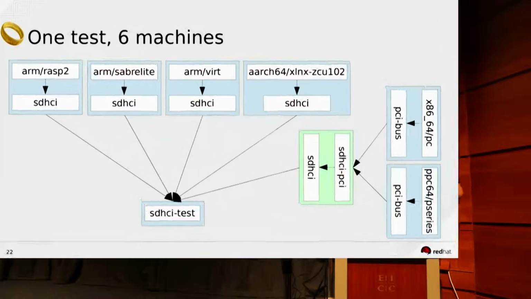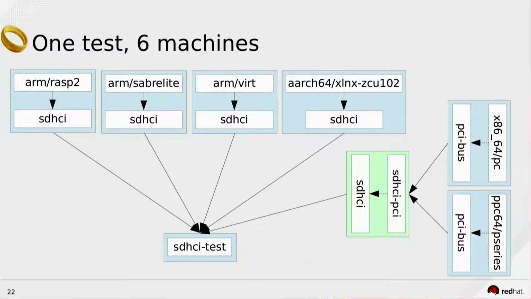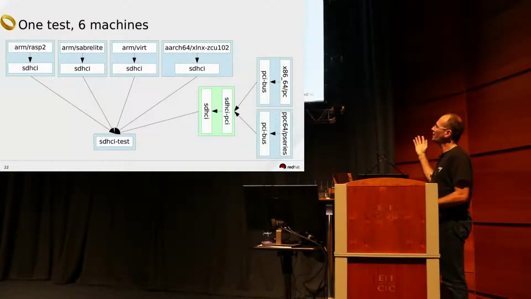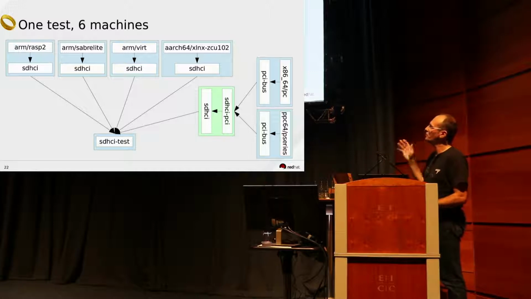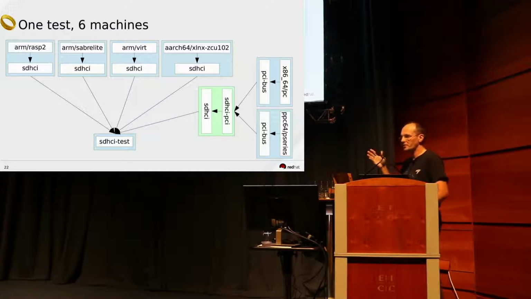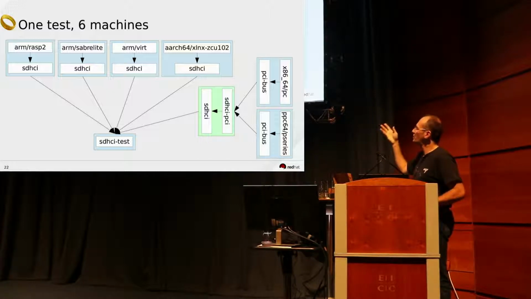And so we can write one test, and it will be automatically run on all the machines we can define, and we can also write other tests, and for the same example, we can run them on all the machines providing the interface.